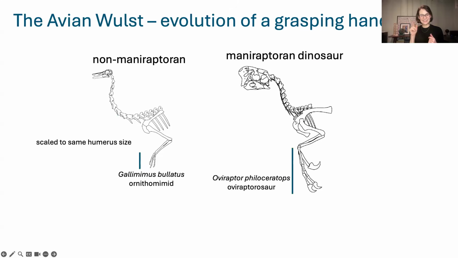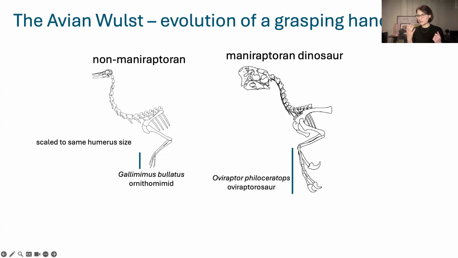Mani means hand, and then raptor. This is the point on the tree where we see this very large expansion of the hand. There have been all sorts of hypotheses about what these dinosaurs might have been doing with their hands, but all of them involve some level of fine motor control.